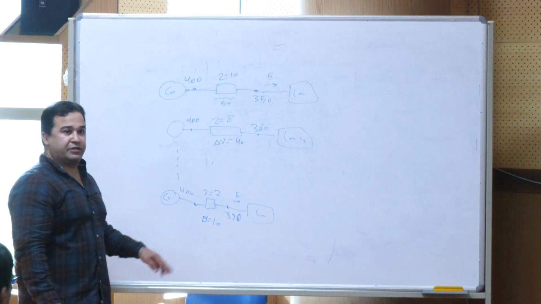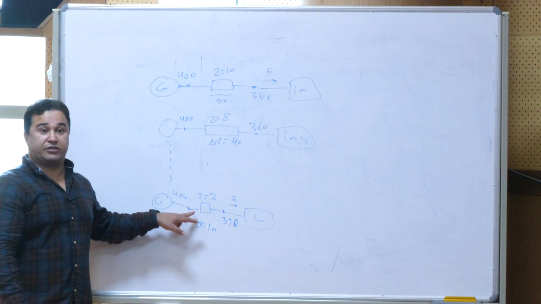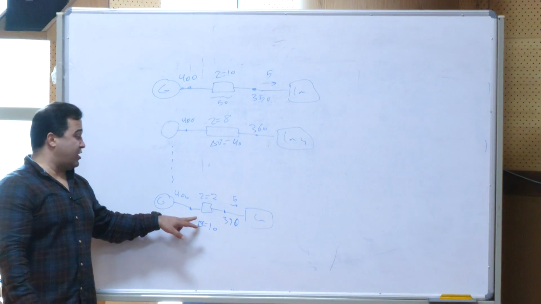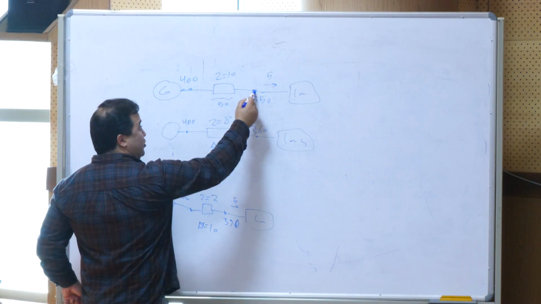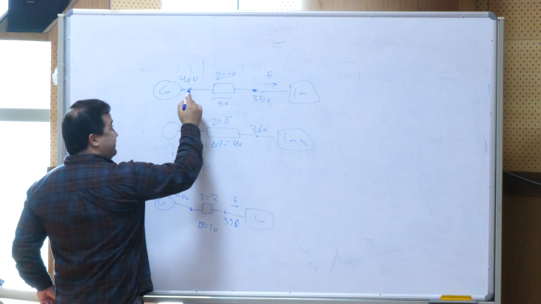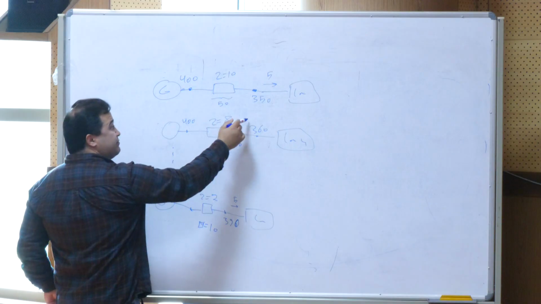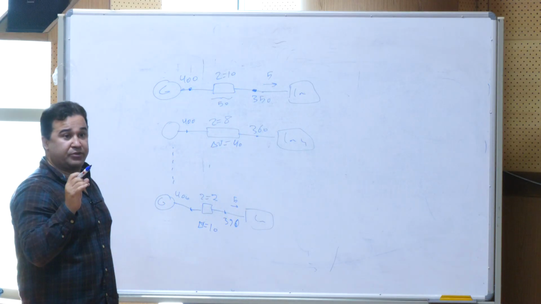So what is the meaning? The higher our grid impedance is, the larger the difference between the voltage over the load, or point of common coupling, and the grid voltage. We have more voltage drop.